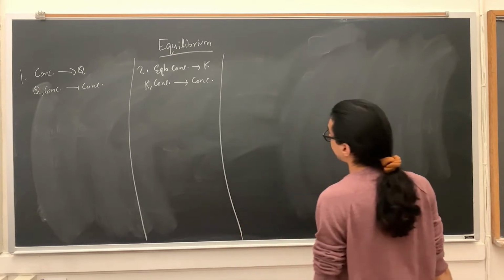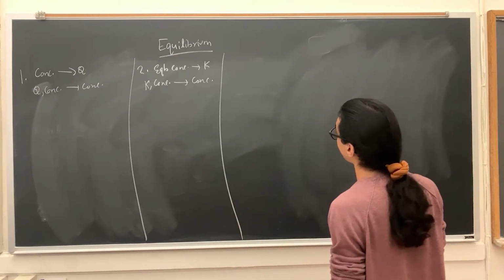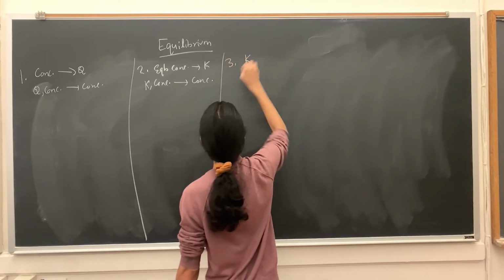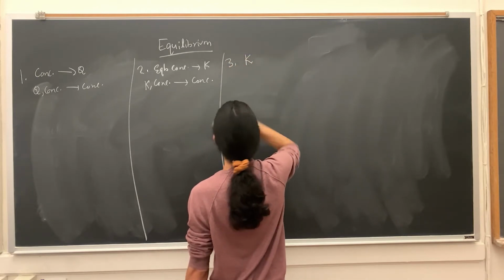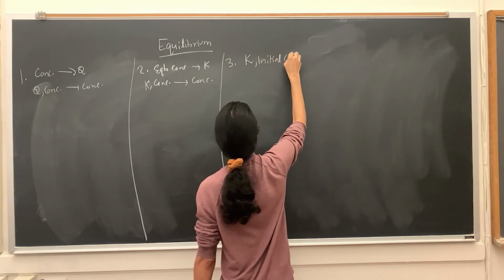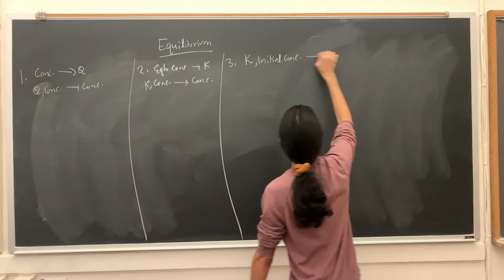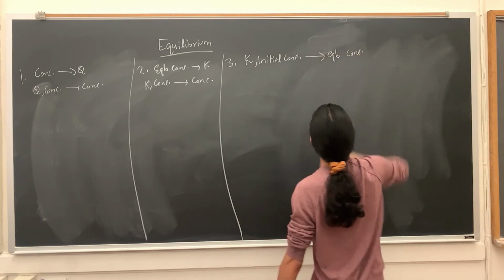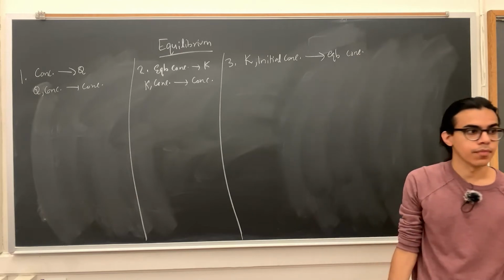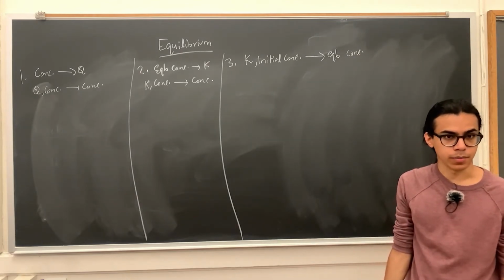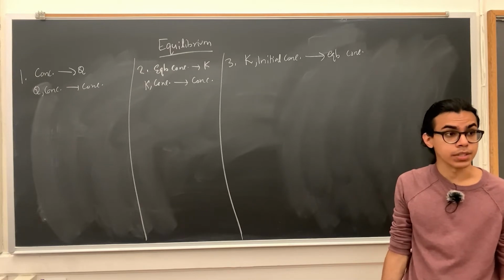And the last part, which we'll spend a fair amount of time on, is you have the K value given to you, and you have the initial concentrations given to you. You want to figure out the equilibrium concentrations. Those are the only three types of numerical questions possible in this chapter.